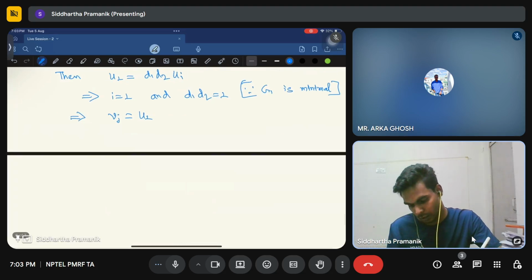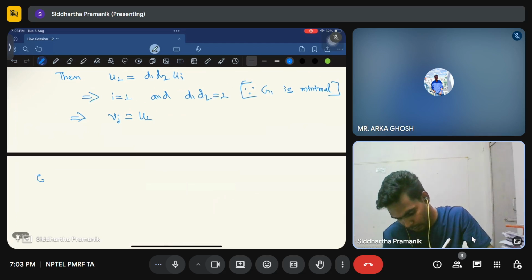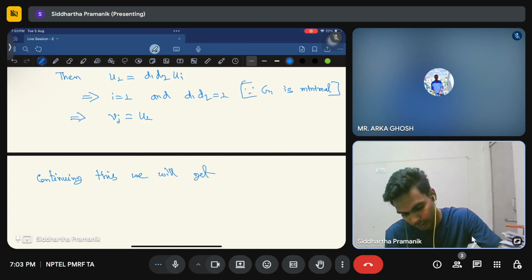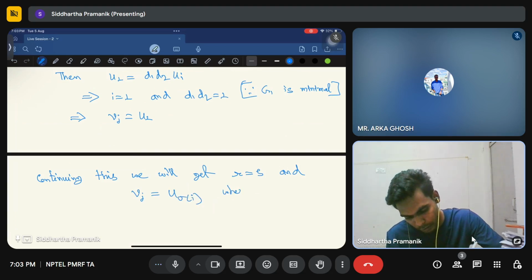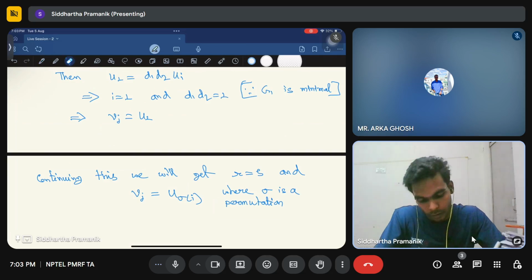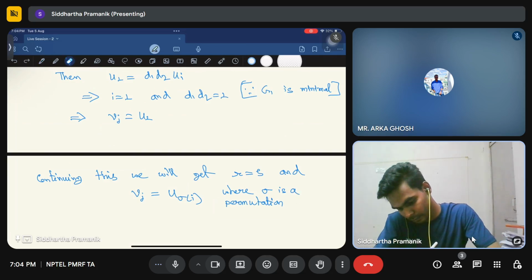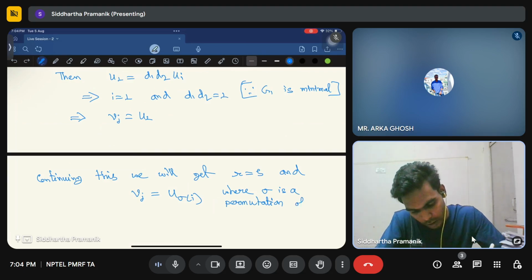If you continue this process, we will get that r is equal to s, and Vj will be U of sigma(i), where sigma is a permutation of the set 1 to r.